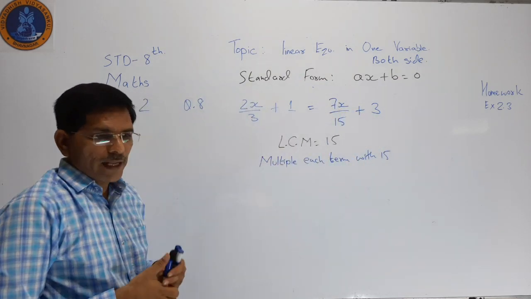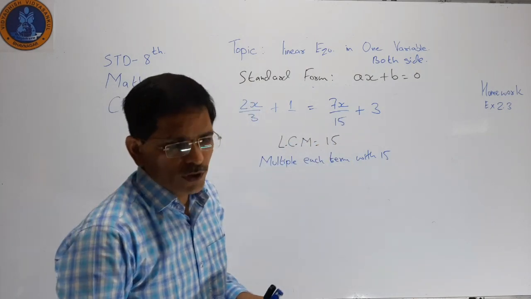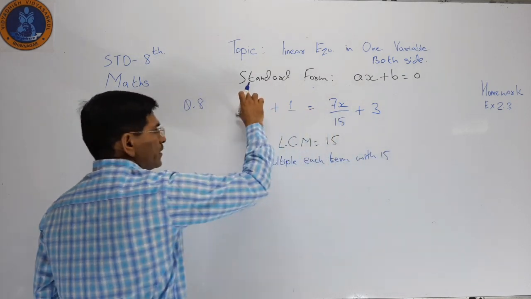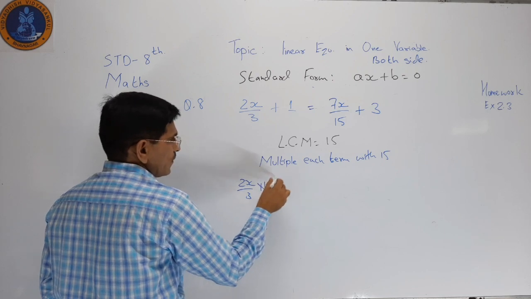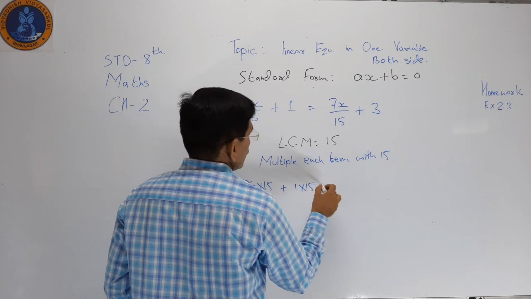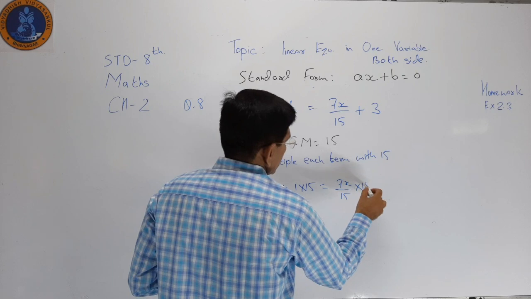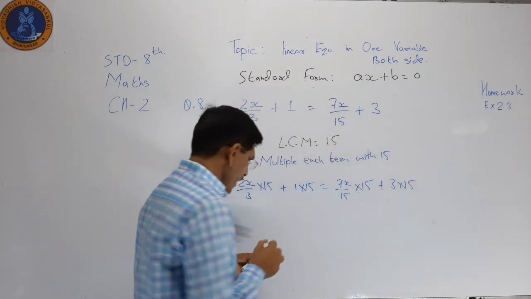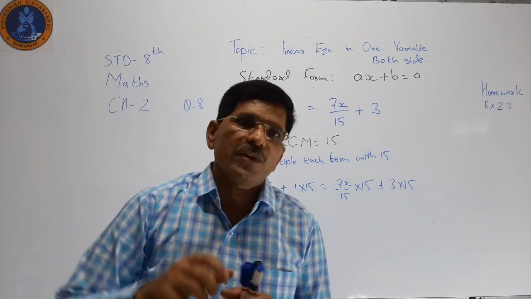If I multiply each term with 15, the denominator should be easily removed. So 2x by 3 multiplied by 15, plus 1 multiplied by 15, equals 7x upon 15 multiplied by 15, plus 3 multiplied by 15. What am I doing? I want to remove the denominator, so I have to multiply each term with 15.